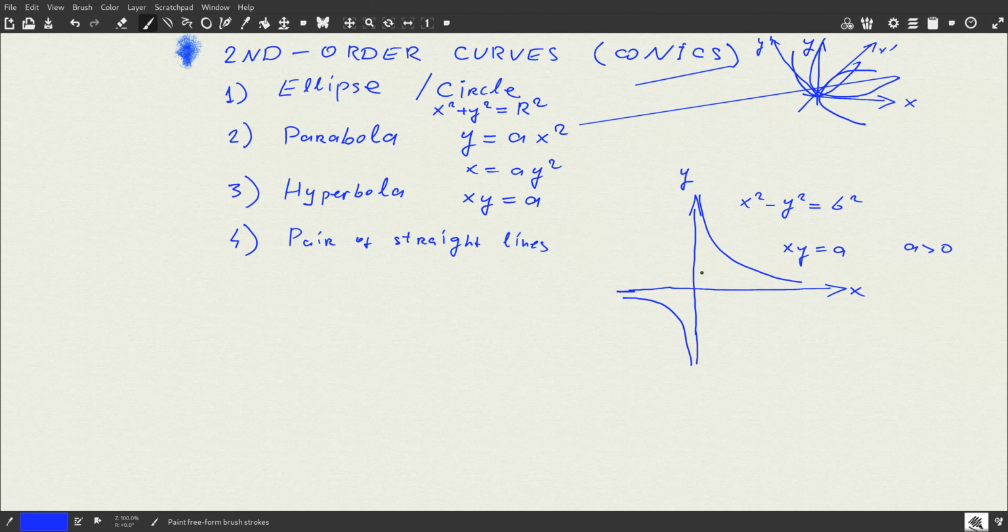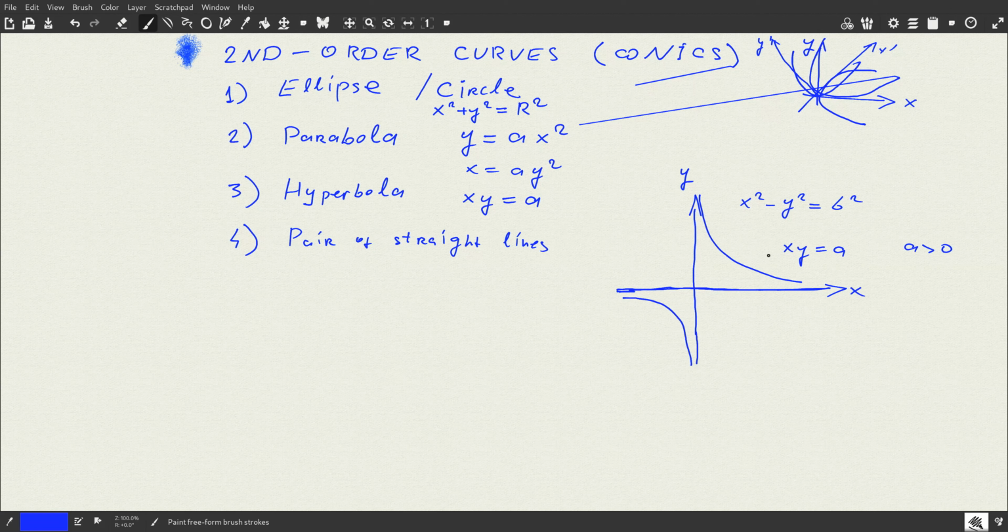Okay, so that's a hyperbola. And you know already that the x and y axes in this case are so-called asymptotes of the hyperbola. So for example, when x tends to plus infinity, then y tends to 0, and therefore the curve asymptotically approaches the x-axis. Or the other way around, when x tends to 0, then y tends to plus infinity, and the curve asymptotically approaches the y-axis. All right.